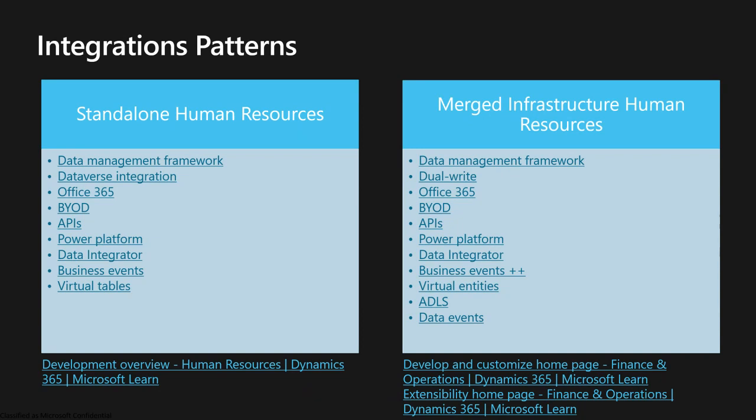Any data change in the merged infrastructure causes a write to the dataverse, and any data change in the dataverse will cause a write to the merged infrastructure. This automated data flow provides an integrated user experience across the system.